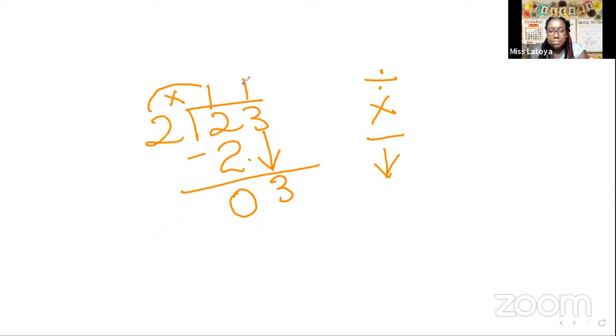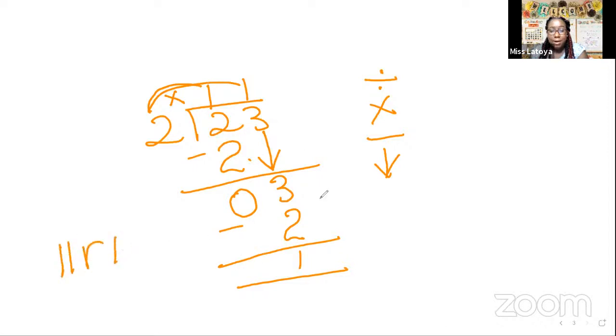I put my 1 here. My next step is to multiply. 2 ones are 2. My 2 comes here. I am going to subtract. 3 take away 2 is 1. So 2 can go into 23 11 times with a remainder of 1.